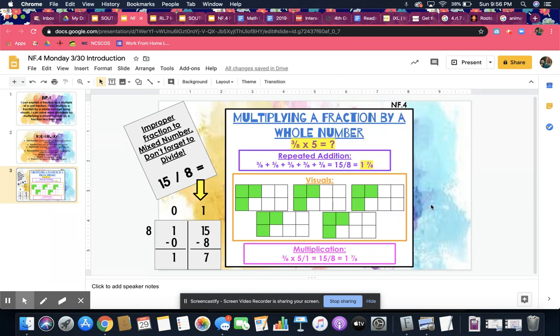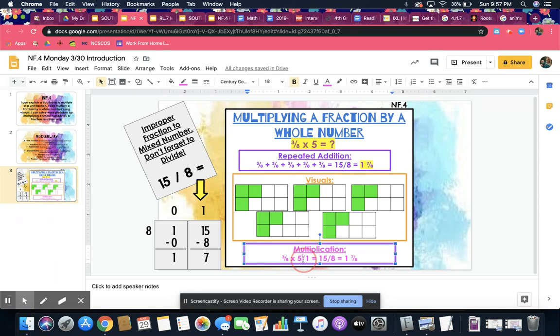You can also draw it. So I have added 3/8 5 times. So 3/8 plus 3/8 plus 3/8 plus 3/8 plus 3/8, and that equals, again, 15/8. And as a mixed number, that is 1 and 7/8. You can also multiply. You have 3/8 times 5.